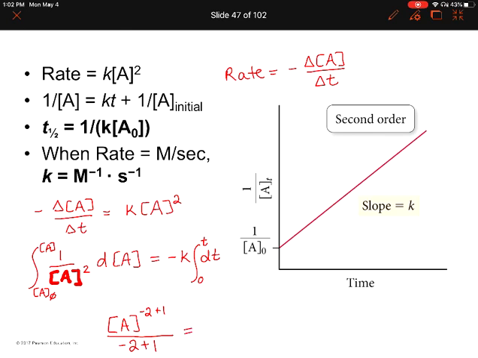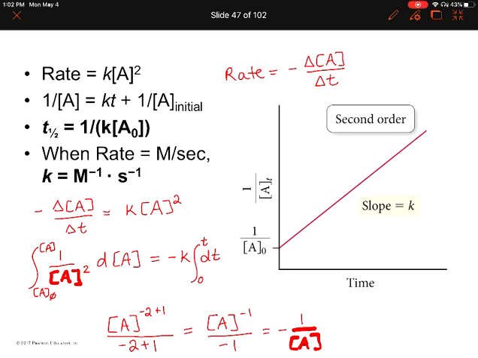So that equals the concentration of A to the negative 1 over negative 1. So really what we have is negative 1 over the concentration of A. Now we are integrating from an initial concentration to a final concentration.